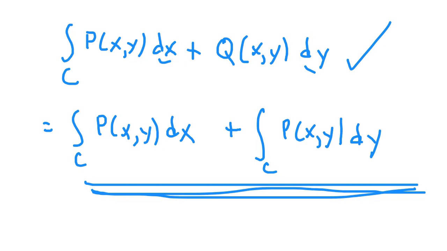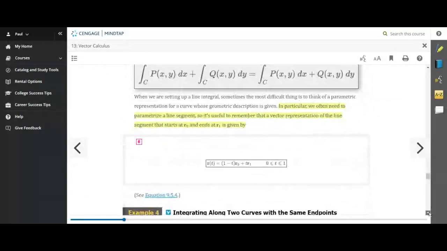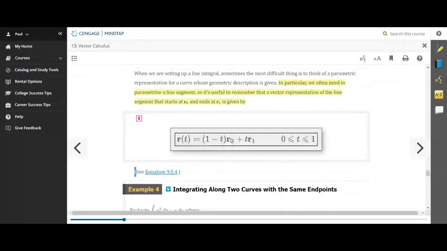I'll mention one quick thing that's going to be useful. Many times you want to parameterize a line segment, and there is a formula that always works.